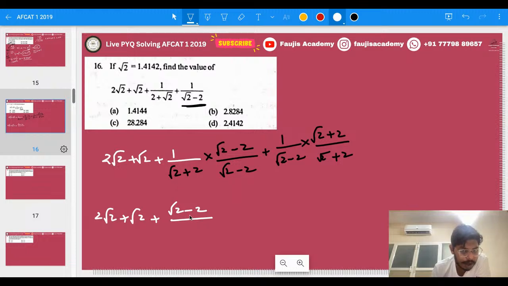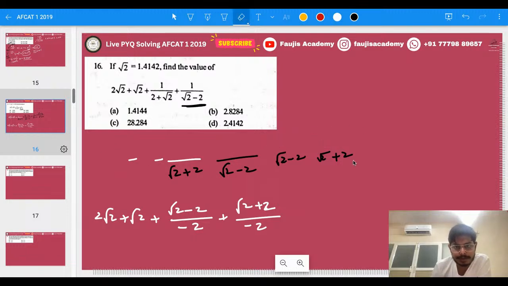That means a square minus b square, we will get minus 2. Plus root 2 plus 2. Please correct me if I do wrong anywhere. There is a very good chance of doing it wrong somewhere. Minus 2, right? And now let me make some space.